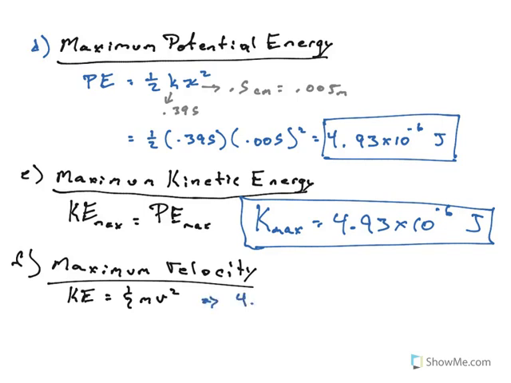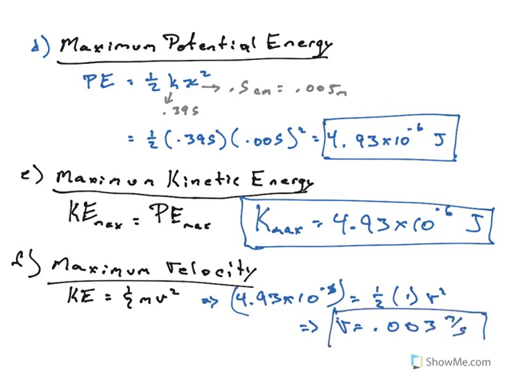The maximum kinetic, 4.93 times 10 to the minus 6, is equal to 1/2 the mass, but we were already told the mass is 1, times v squared. Solving for v, we get 0.003 meters per second.